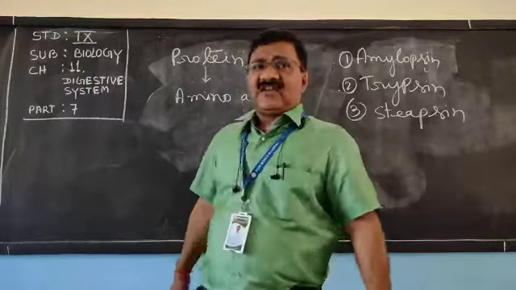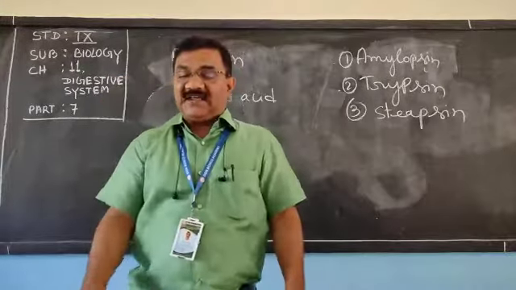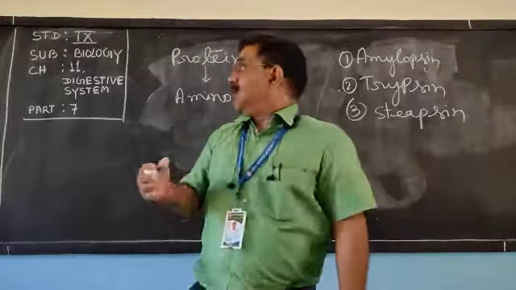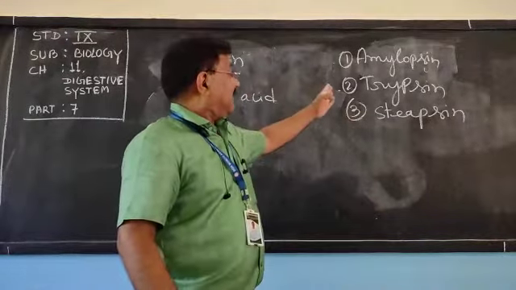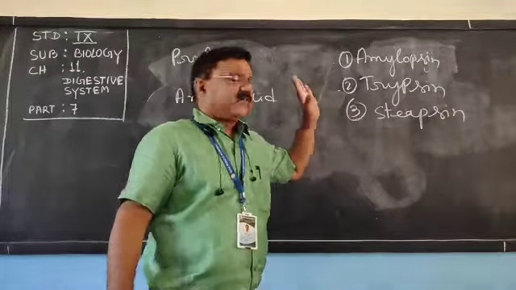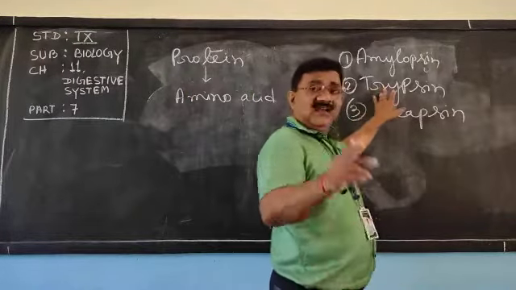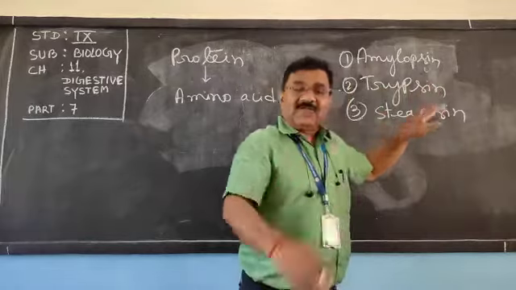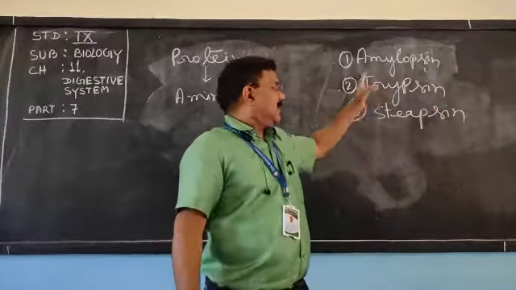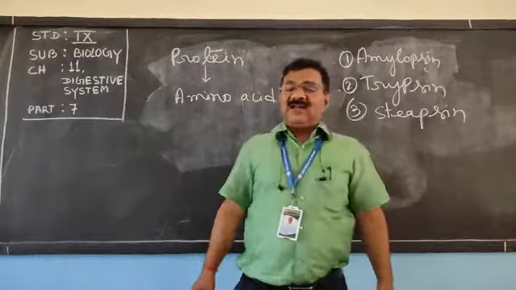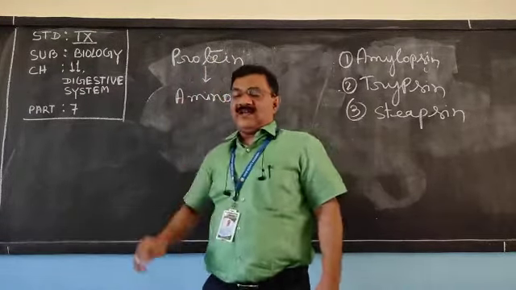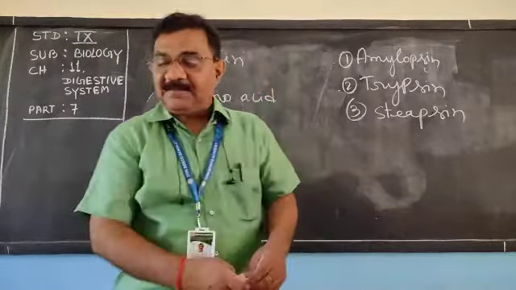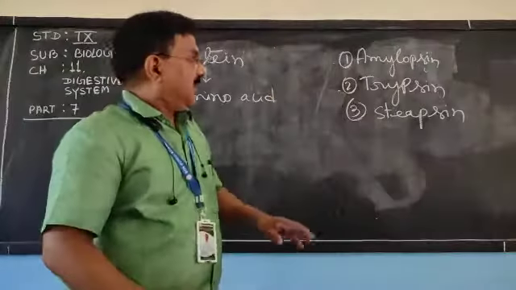Now, here a question arises. How does digestion of protein take place? How is protein changed into amino acids? That is done by trypsin. Try to understand. Trypsin, which is a component of pancreatic juice, helps in the digestion of protein. How it helps, that part is important.